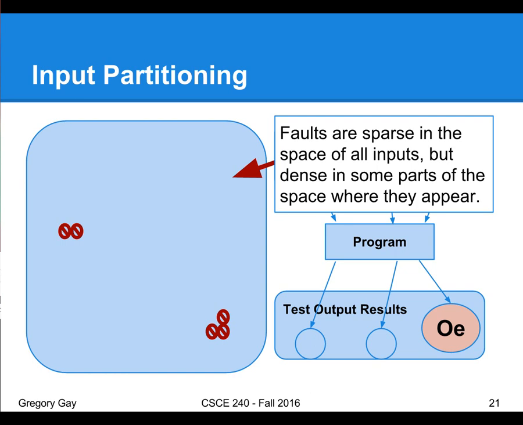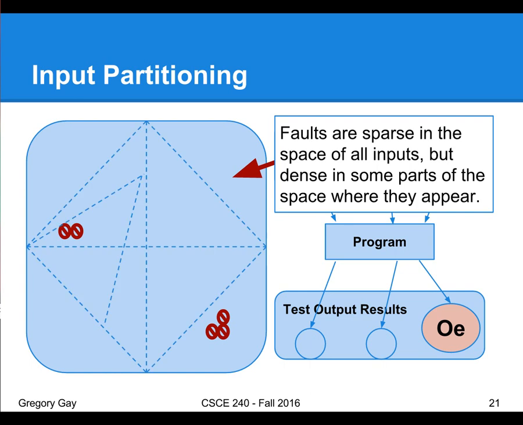In practice, we can almost always divide this input space into partitions, into logical groups of input based on some criteria, maybe based on the outcome they'll trigger. And if we do a good job of partitioning, if we come up with an input that lands in a space dense with faults, then we're in good shape.